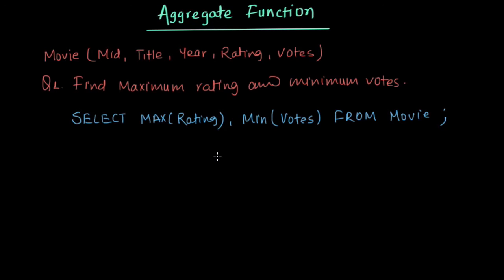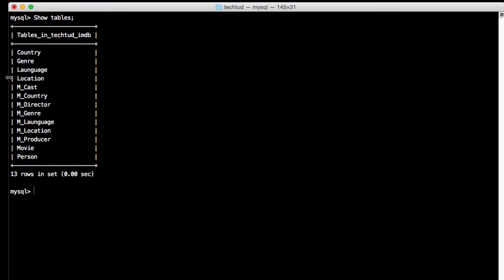Let's run it on the terminal. Here are the tables inside our database, which is techtud underscore imdb. Now let's run our query to see the maximum rating and minimum votes: select max of rating and min of votes from movie.